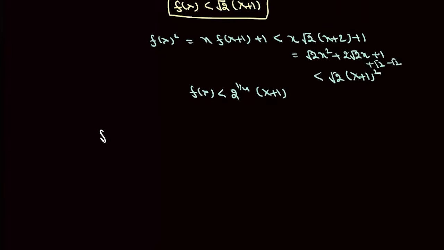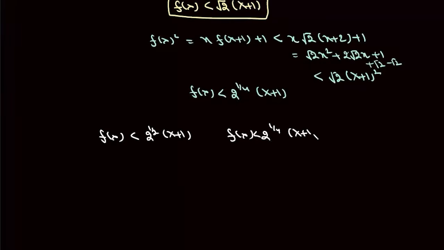So if we keep applying these iterations, we'll get f(x) less than 2^(1/2)(x+1), then f(x) less than 2^(1/4)(x+1), and then we can get f(x) less than 2^(1/2^n)(x+1) for all n belonging to natural numbers.